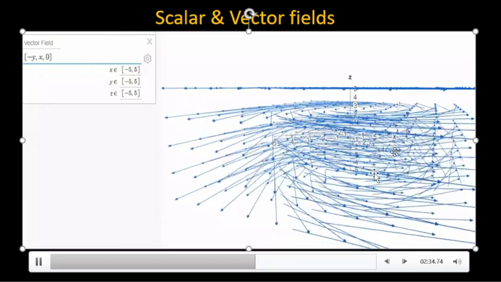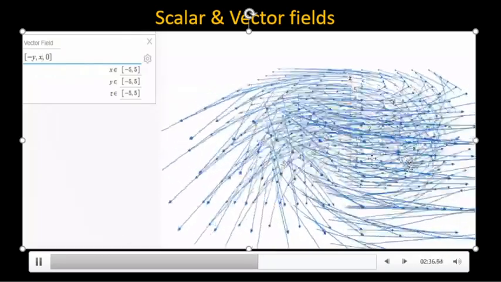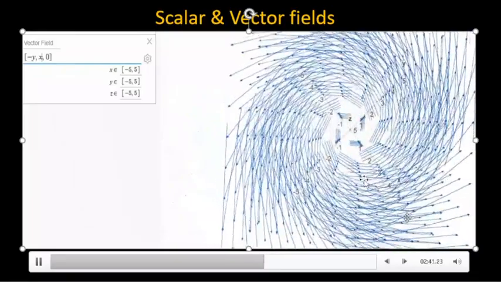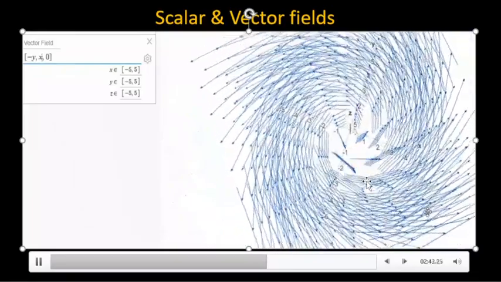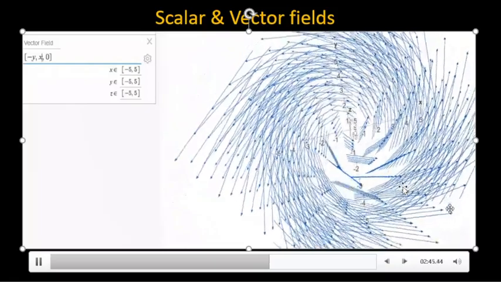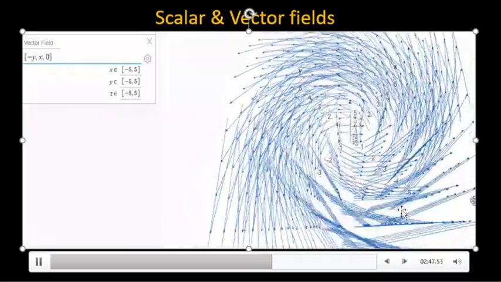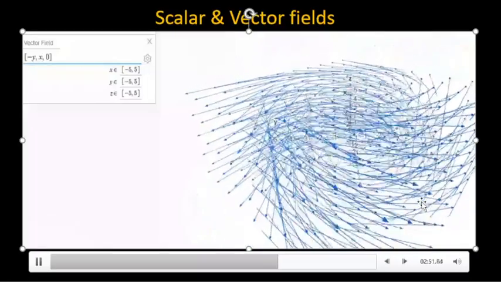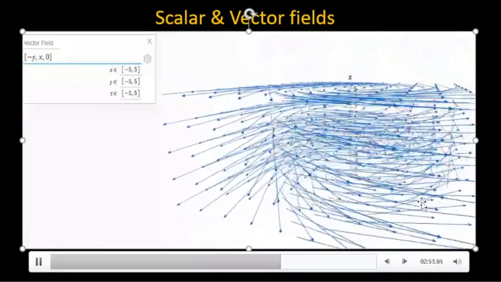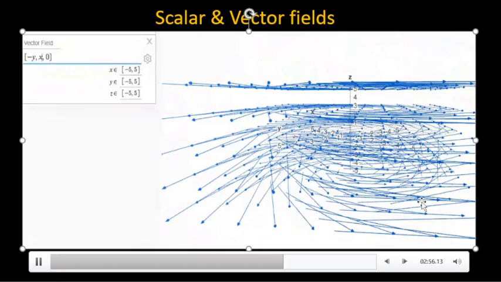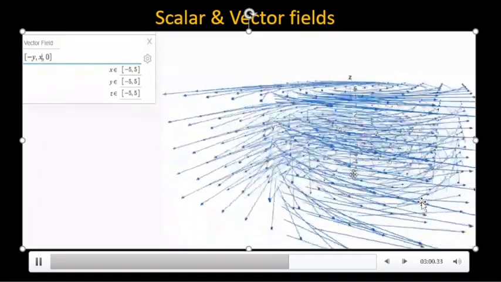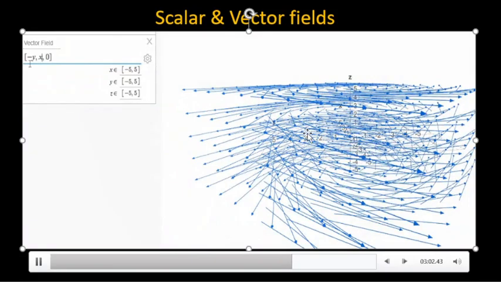It is rotating this side, so you will get a better view if I consider a vertical projection. This vector field is varying, and this orientation is almost circular. It is not a function of z right now.